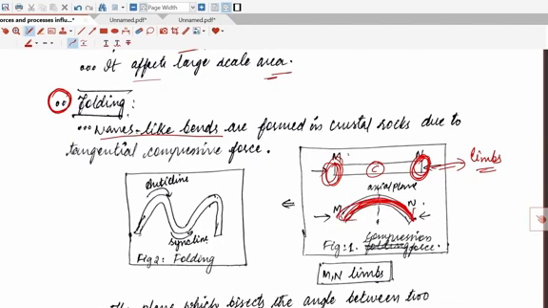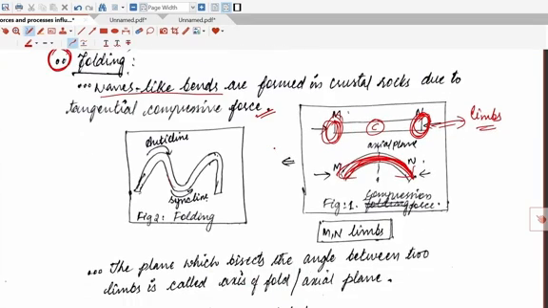In a longer period of time this forms into a wave. So wave-like bends are formed in the crustal rocks due to tangential compressive force.